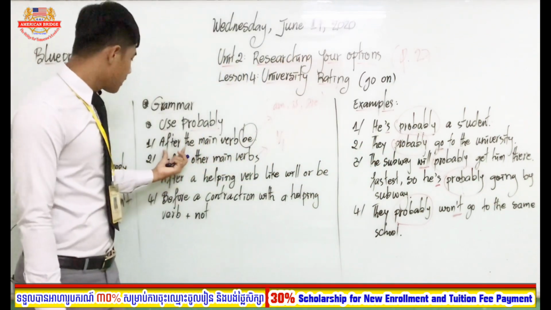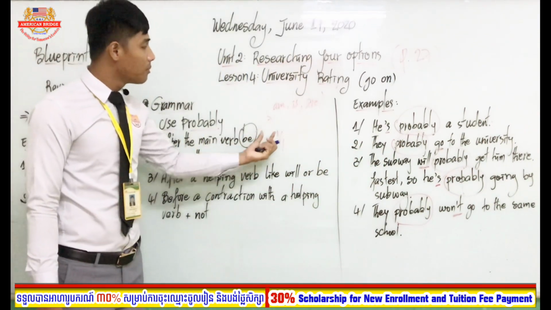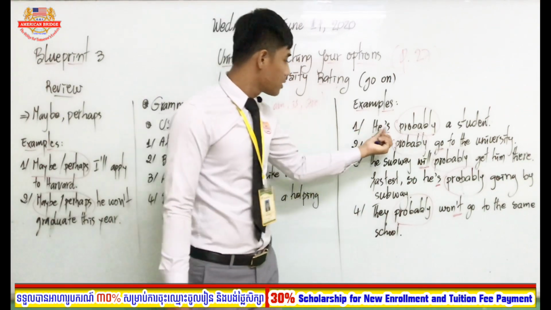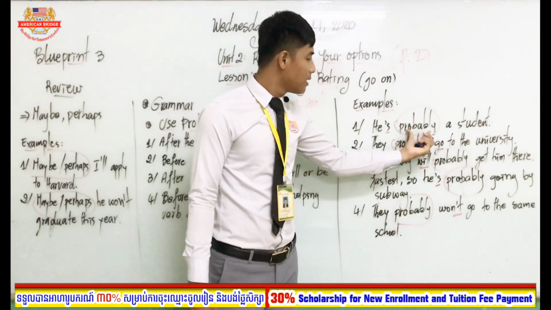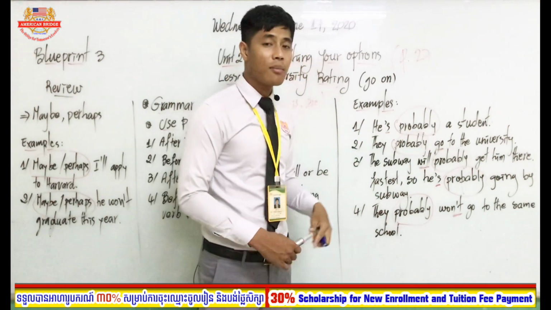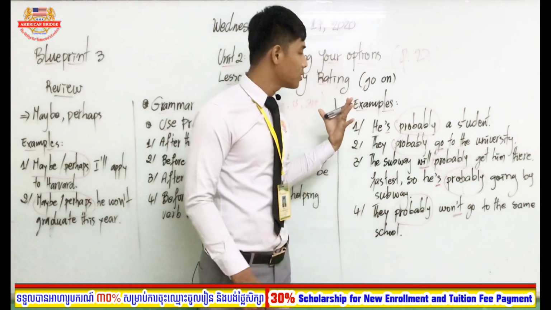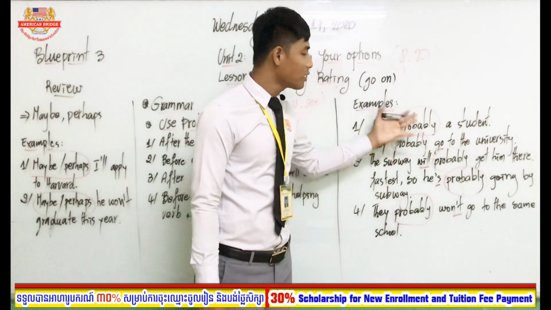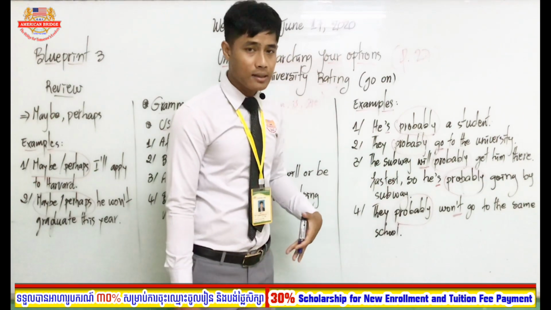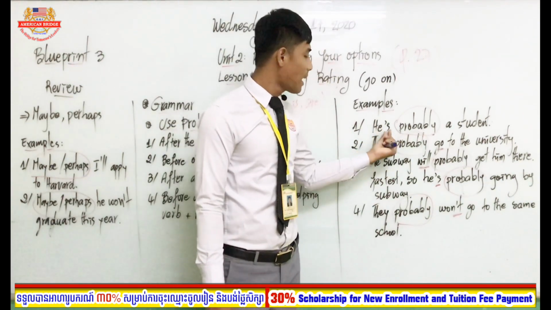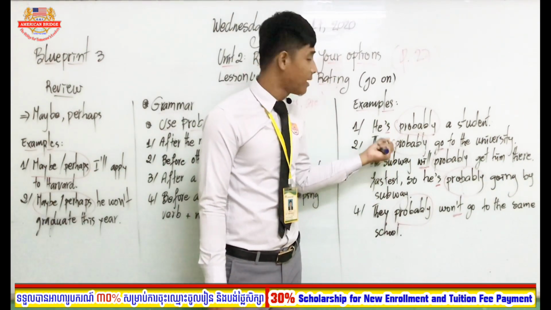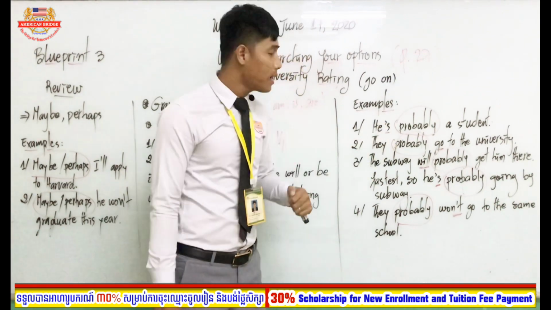It's in the form after the main verb be. So after main verb be, we put probably. When we want to use probably in that sentence, its place should be after the verb be. Good.